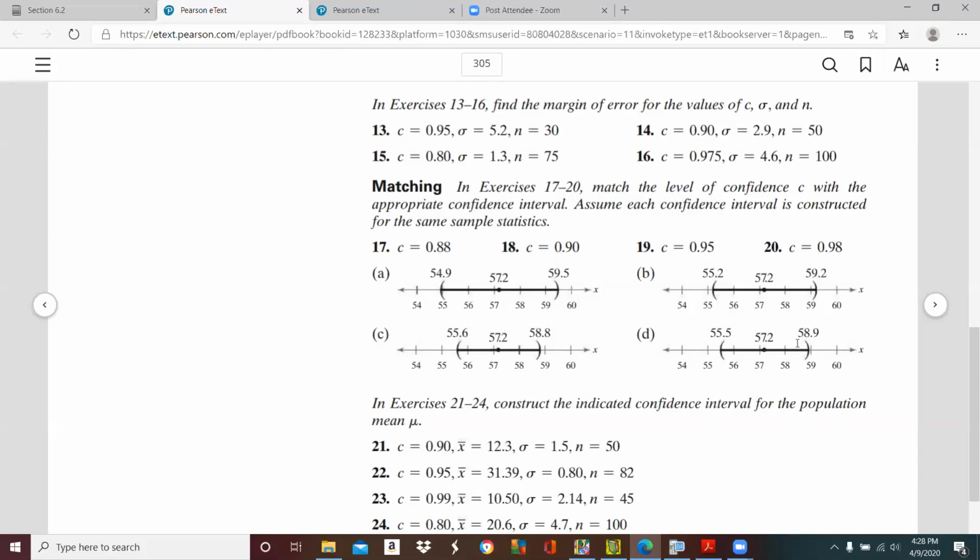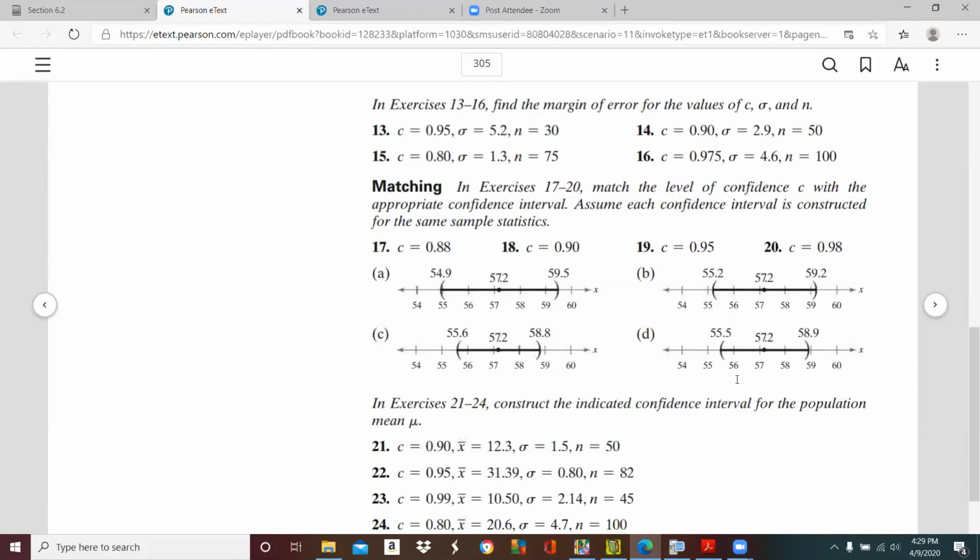You subtract these two numbers here, we get 3.4. If we subtract these two here, we get 4.7, even wider. And this, if we subtract these two here, we get 4.6. So certainly, that's how you determine the width of each interval. Just subtract the endpoints. All right.